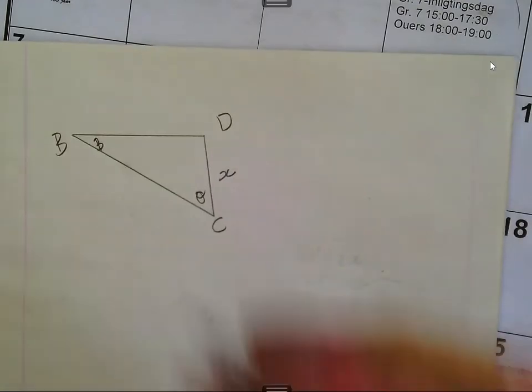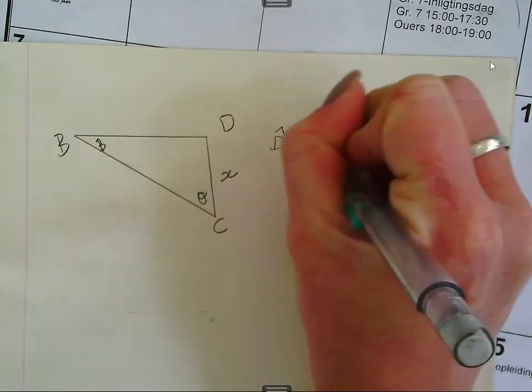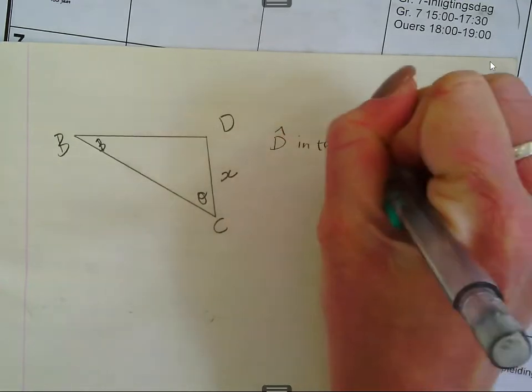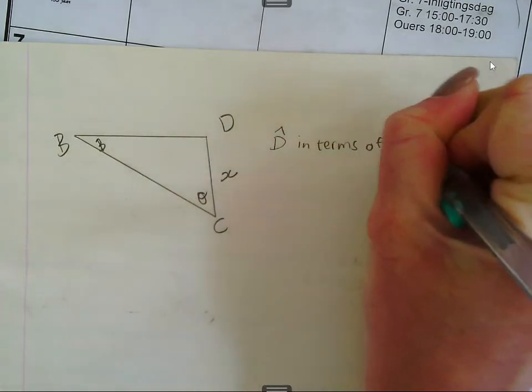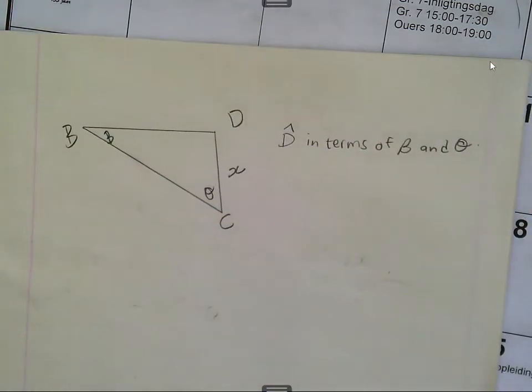Firstly, I want angle D in terms of beta and theta.